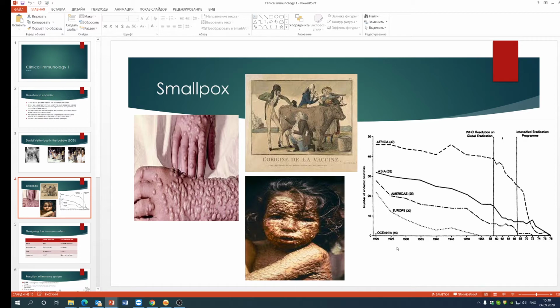This picture describes the eradication of smallpox in the world by vaccination, officially eradicated by 1980. Edward Jenner didn't know about B cells, T cells, antigens, and other immune responses. He just had a brain and used his brain.